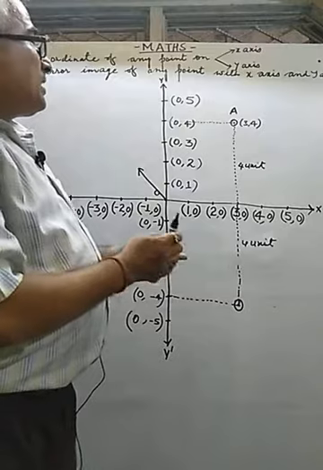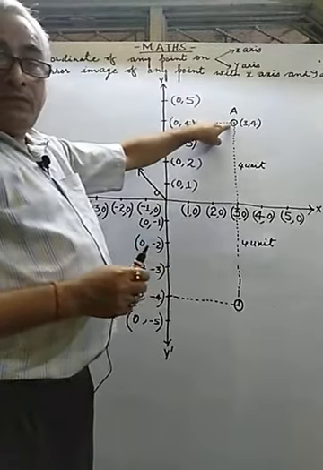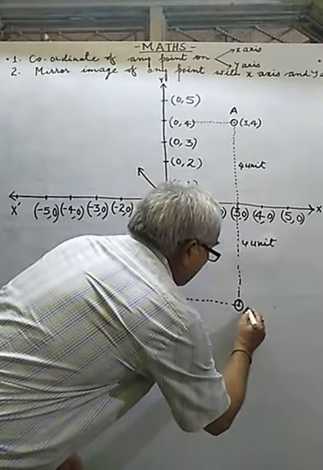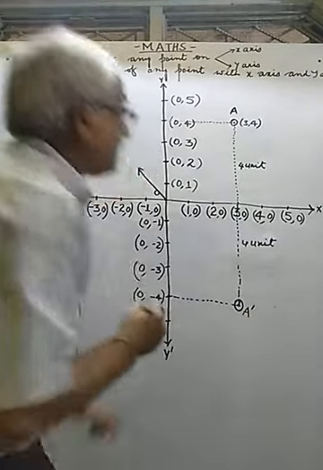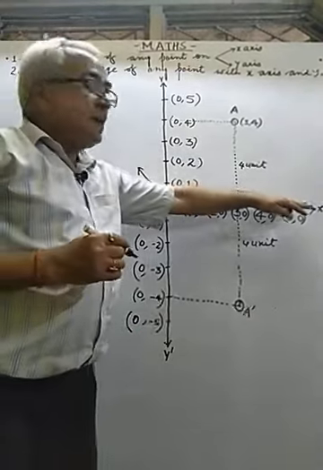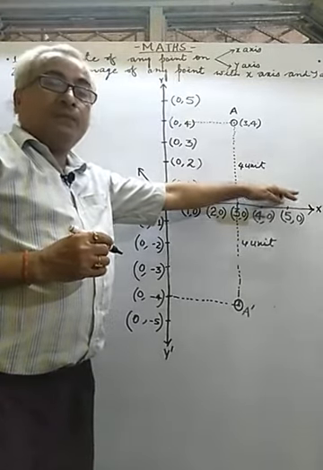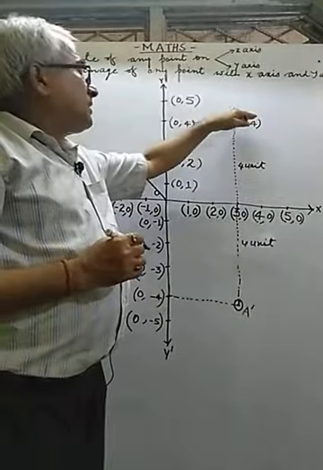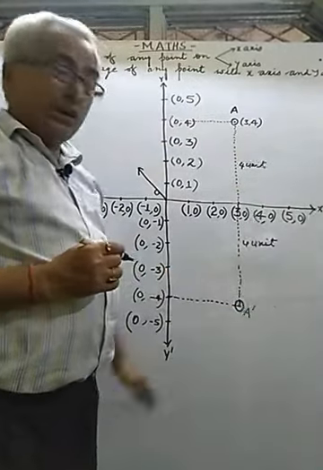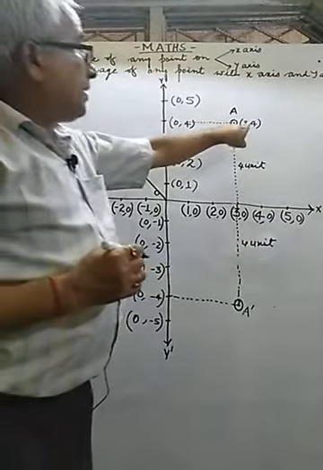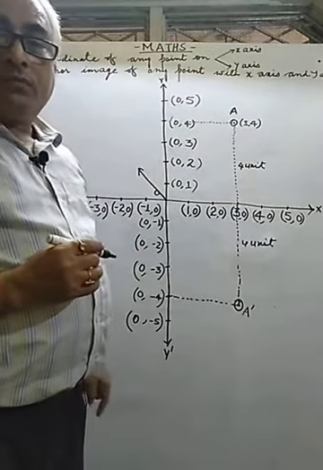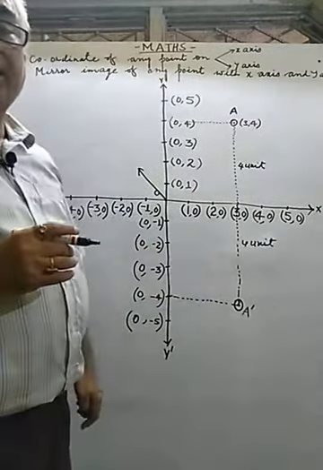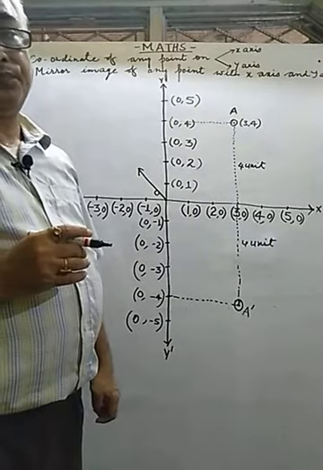Now the picture image of point A will be where? This one is A dash, mark it A dash. This one is the image of A when the x-axis is behaving just like a mirror. So what will the coordinates of this image be? The numbers will be the same, but the sign convention will be changed.